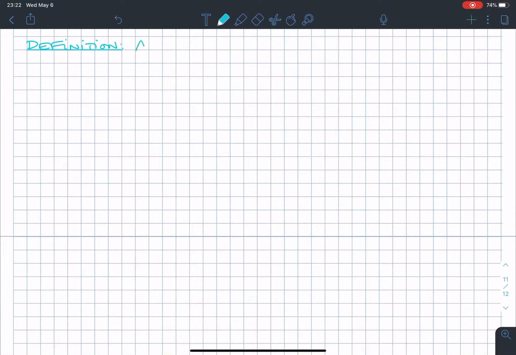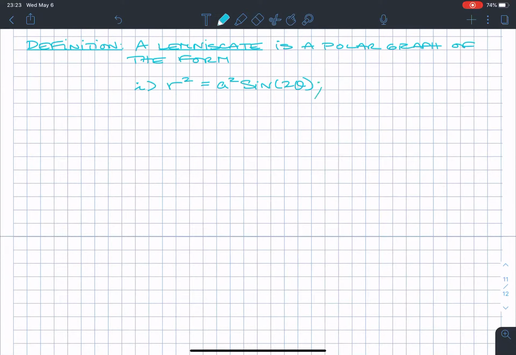So a lemniscate, that's what we're defining. A lemniscate is a polar graph of the form number 1, r squared is equal to a squared sine of 2 theta, where the first petal is along theta equals pi over 4.